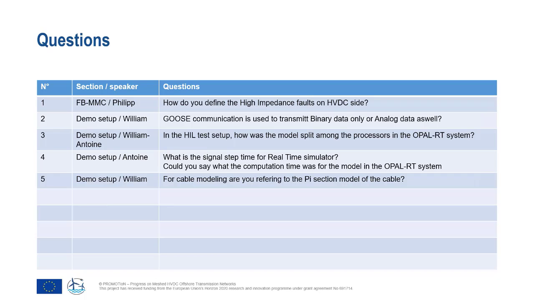Once you know all your geometry of the cable and the characteristics of the different materials of the cable, you can generate a model that is really detailed and accurate, which is a wideband model. The PI section model has constant parameters. The wideband model has different parameters depending on the frequency of operation, and it can represent the different modes of operation of the cable. So it's much more complex than the PI section.